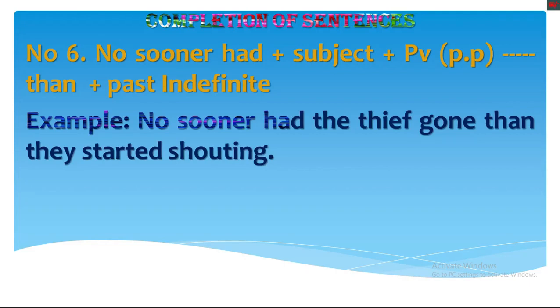However, the structure is no sooner had plus subject plus past participle of the principal verb. PP implies past participle, PV implies principal verb, plus than plus past indefinite. Example, no sooner had the thief gone than they started shouting. This is a nice example of an inverted sentence.